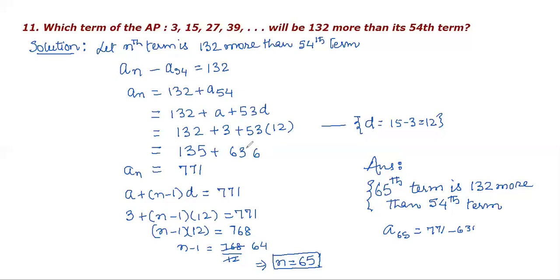Sorry, 636, 639. So you will be getting 132. So this is the checking of your answer. A65 is 132 more than the 54th term.